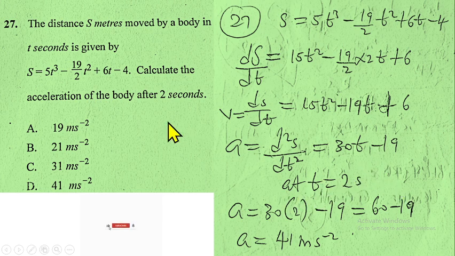We are looking for acceleration after 2 seconds, so put t equals 2 here. That means 30 times 2 minus 19, which is 60 minus 19, and that gives us 41 meters per second squared as the acceleration after 2 seconds. And option D is the correct option for question number 27.